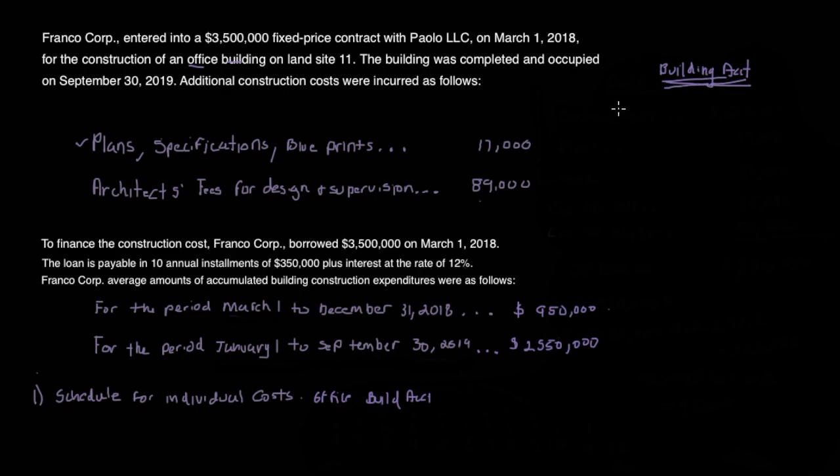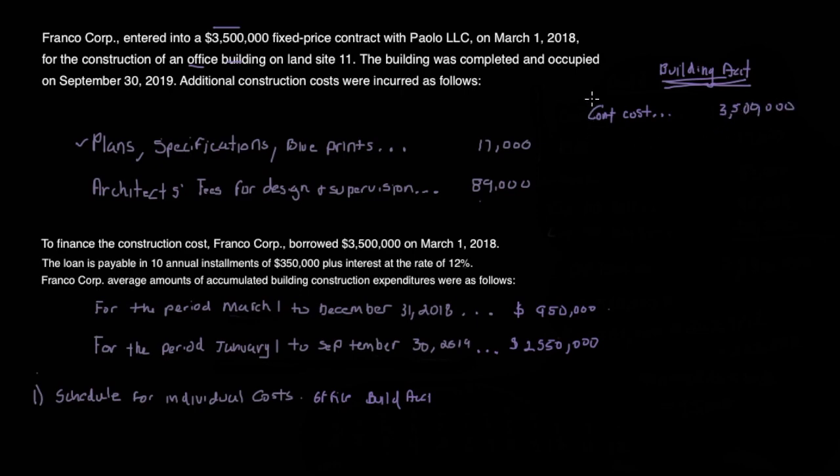So we are first going to start out with the contract cost. I'm going to abbreviate a couple of things because we're going to run out of room. So this is contract cost abbreviated, and that is just listed right up here. 3.5 million, so $3,500,000 for the contract cost.